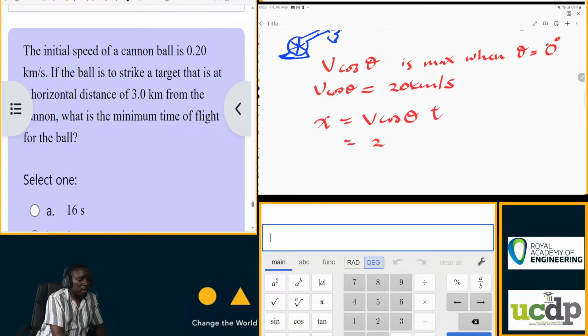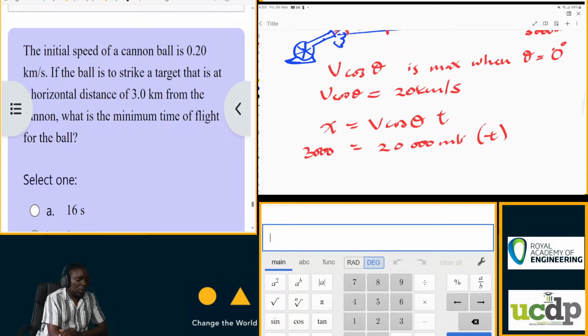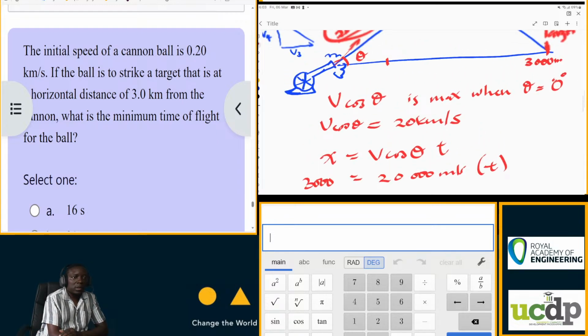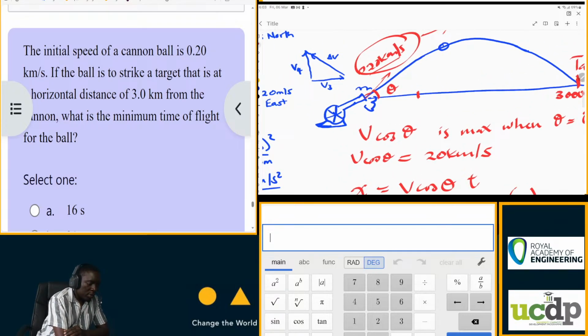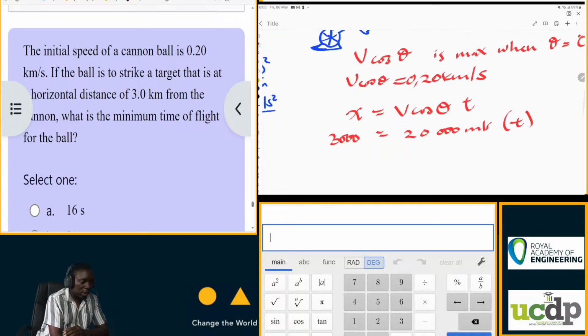So with that, we know that the horizontal direction x component is V cos theta t. And this is 20 kilometers per second, which is 20,000 meters per second, multiplied by t, to cover a distance of 3,000 meters. Is it 20 kilometers? It's actually 0.20 kilometers, so not 20 kilometers, actually 0.20.